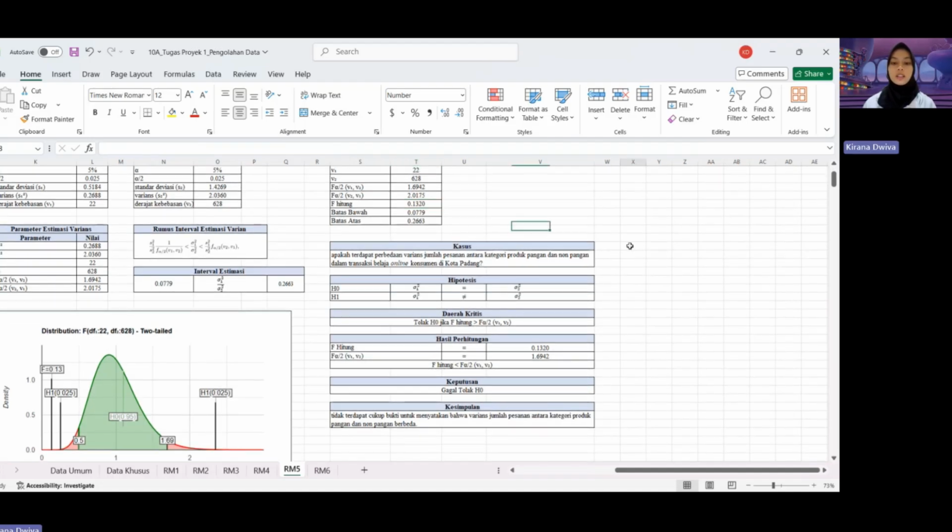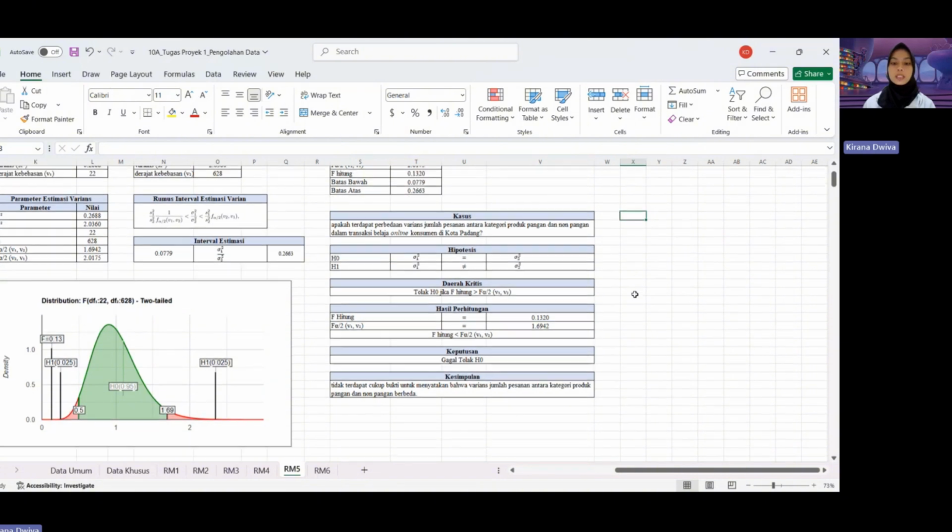The case of the hypothesis is: is there a difference in the variance of the number of orders between the food and non-food product categories in online shopping transactions of customers in Padang City?